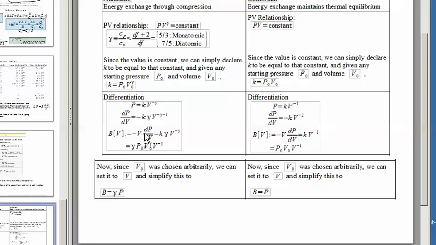The bulk modulus is negative V dP over dV. That's the same thing I do over here.